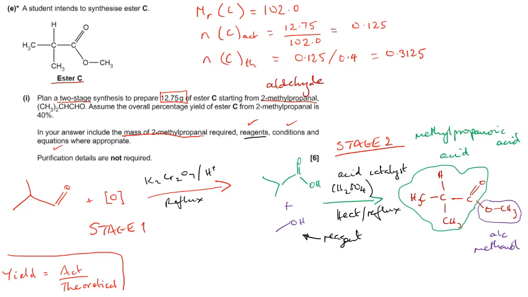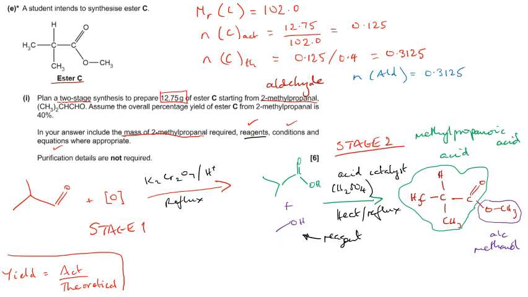Using that number, from our equations it's a 1-to-1 ratio between the aldehyde and the final ester that we make. Let's change colour a little bit because I'm running out of space. The moles of the aldehyde, let's call it ALD, to save us writing out 2-methylpropanal, is 1-to-1, so it's 0.3125.